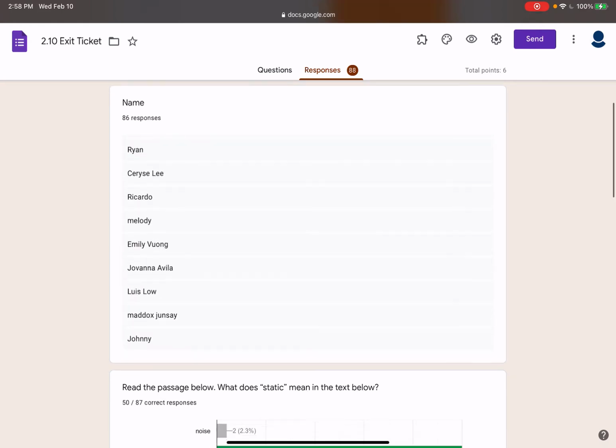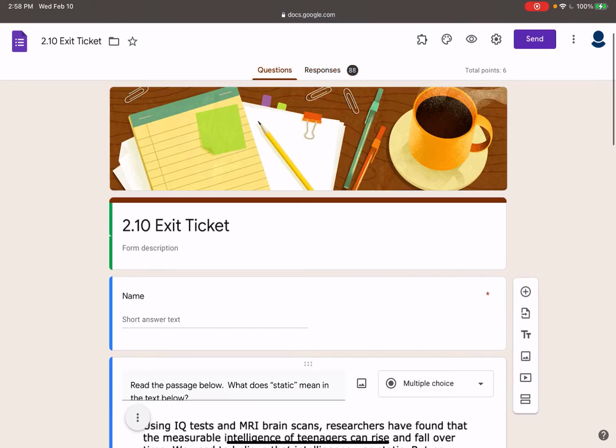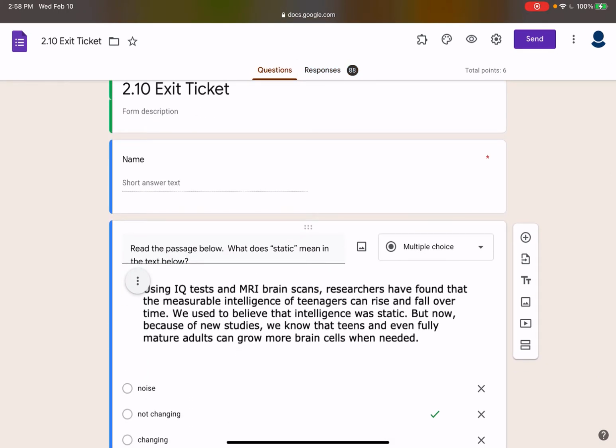Okay. So this passage says, using IQ tests and MRI brain scans, researchers have found that the measurable intelligence of teenagers can rise and fall. So it can rise and fall over time, right? So we found out that it can go up or down over time. We used to think that intelligence was static.